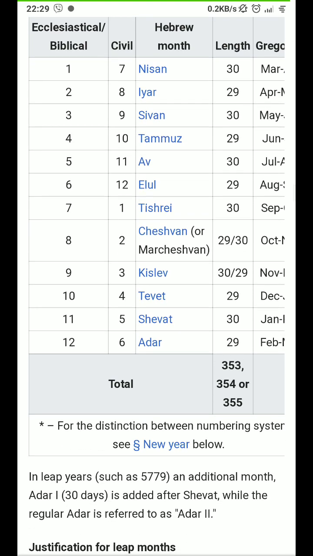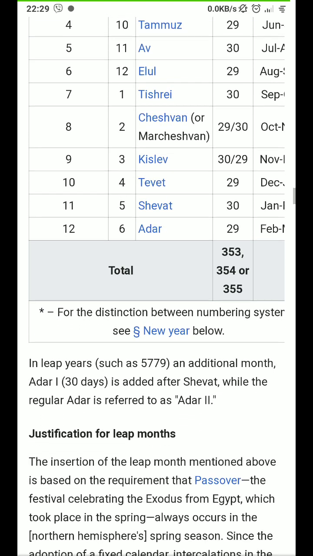And in total, you can see the total number of days in a year. They can have different numbers: 353, 54, or 55 days.